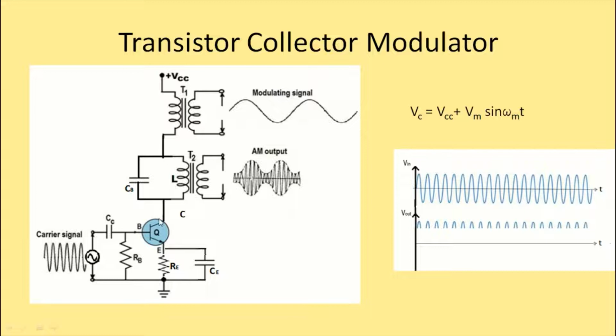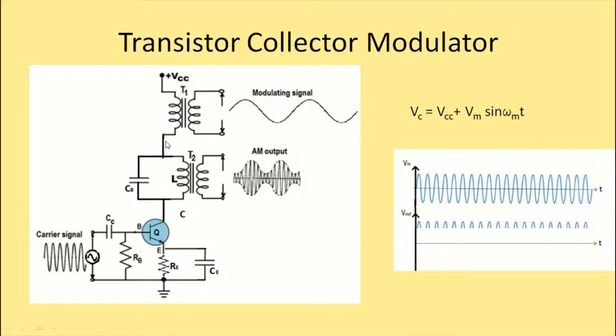This VCC voltage, which is observed at the collector end, is applied to this circuit as the biasing voltage. So for this given biasing voltage, the circuit will generate these spurts. And as long as this biasing voltage is constant, the amplitude of these spurts will be constant.